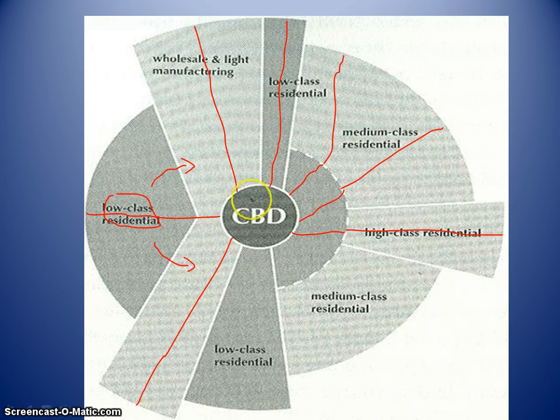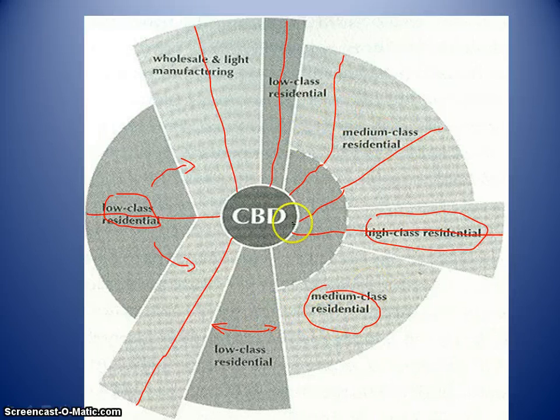Then if we also look at the wedges as creating separation of space, now notice how the low-class residential is going to separate the manufacturing and light industrial areas from both the medium class residential and also the high class residential. It's going to create a buffer. And then also notice that the medium class residential creates a buffer between the low class residential and the high class residential.